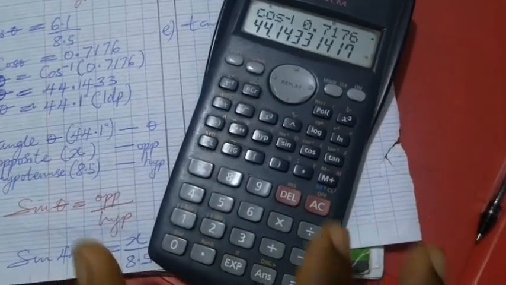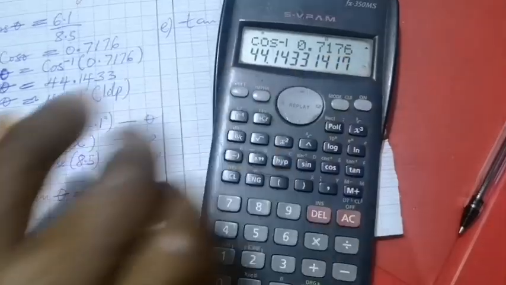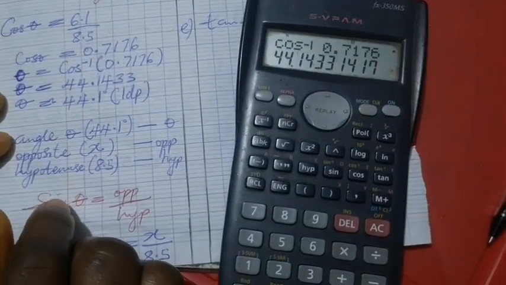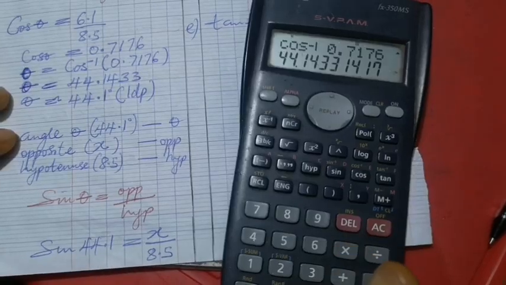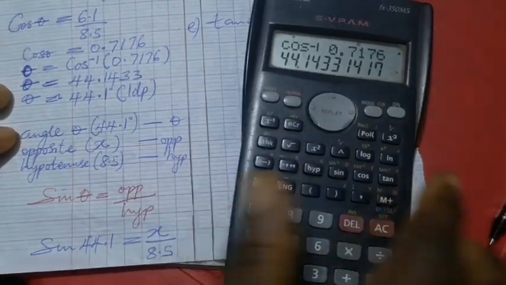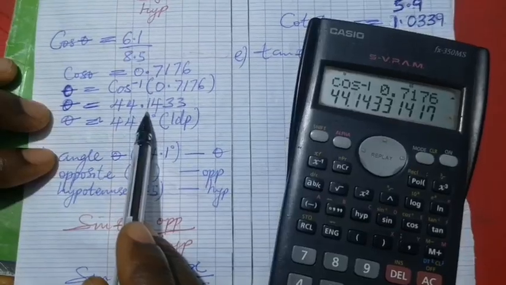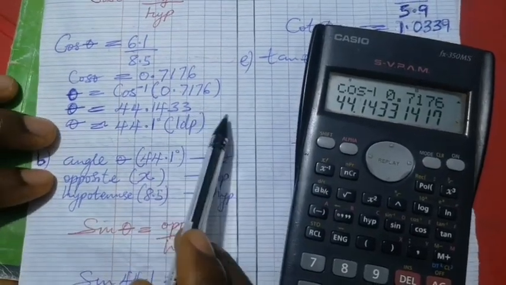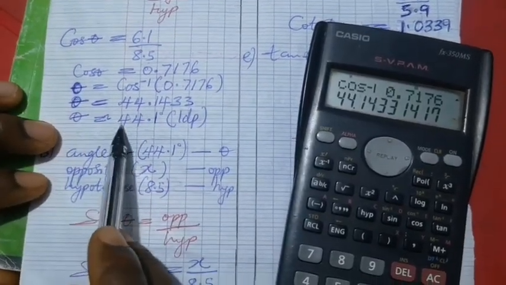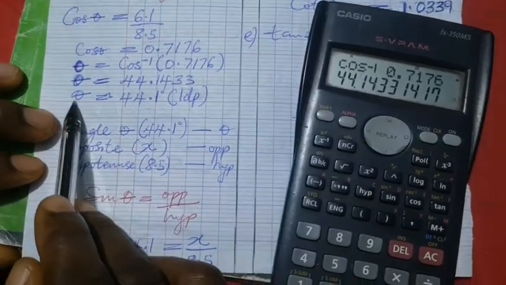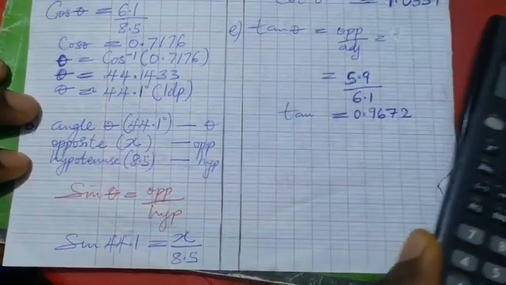So it's equal to 44.1331417, okay? So we'll take 44.1433, okay? Now approximately 44.1 to 1 decimal place. So that is our theta, okay?